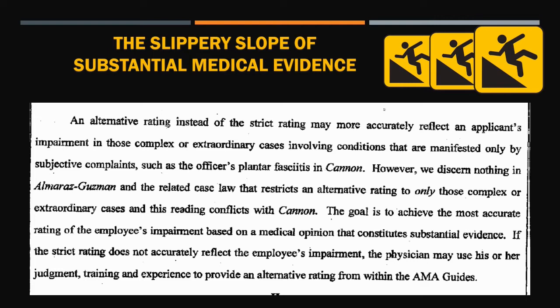So the Appeals Board tells us that an alternative rating instead of the strict rating may more accurately reflect an applicant's impairment in those complex or extraordinary cases involving conditions that are manifested only by subjective complaints, such as the officer's plantar fasciitis in Cannon. And we discussed the Cannon case a couple of sessions ago.